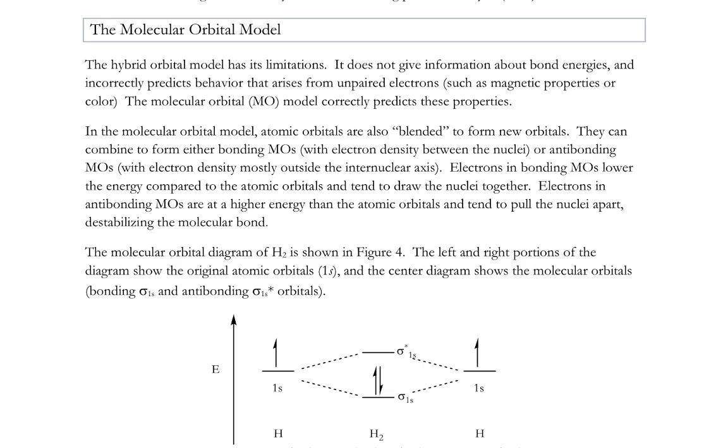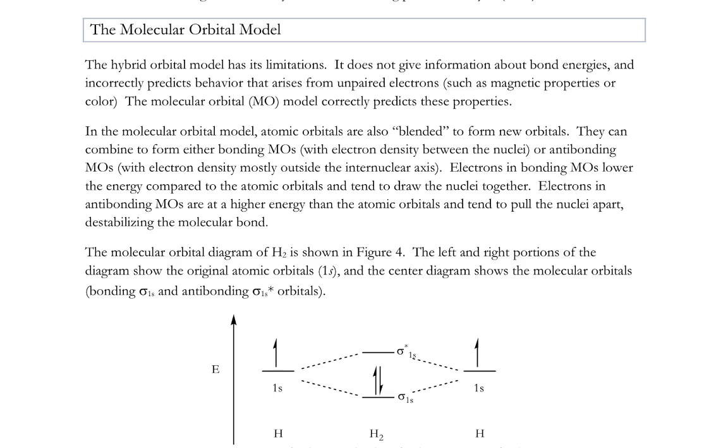It has a lot of good qualities to it, but it is limited in that it cannot predict the magnetism of the molecule, and it doesn't work well for an odd number of electrons. For that, we need the more complete picture, the molecular orbital model.